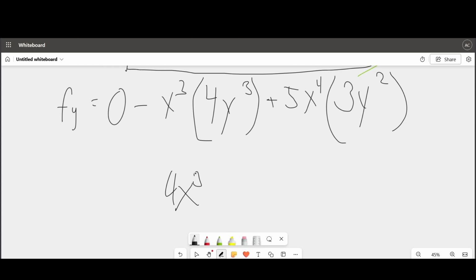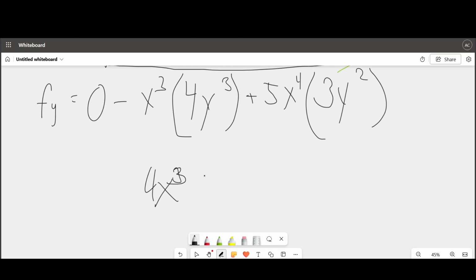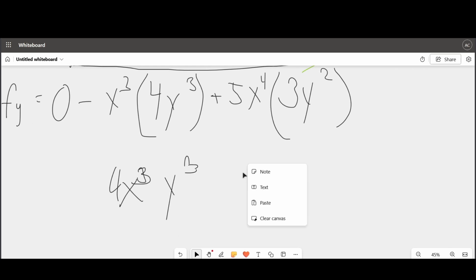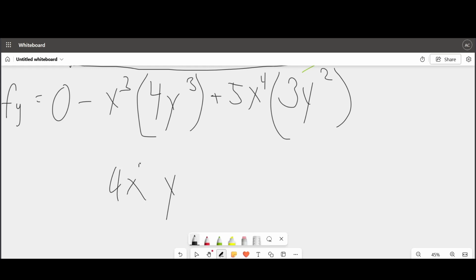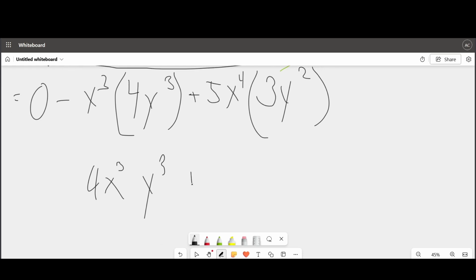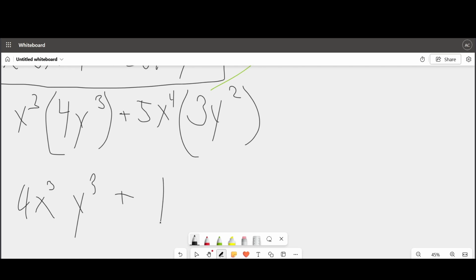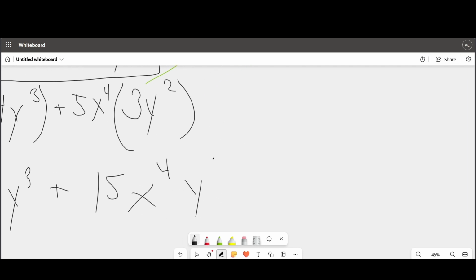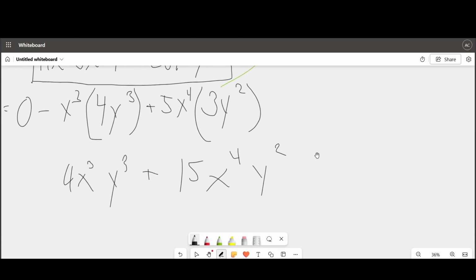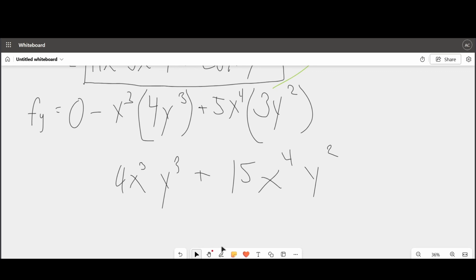It really doesn't matter if 0 is there or not. 0 is useless. But we got 4x cubed y cubed.